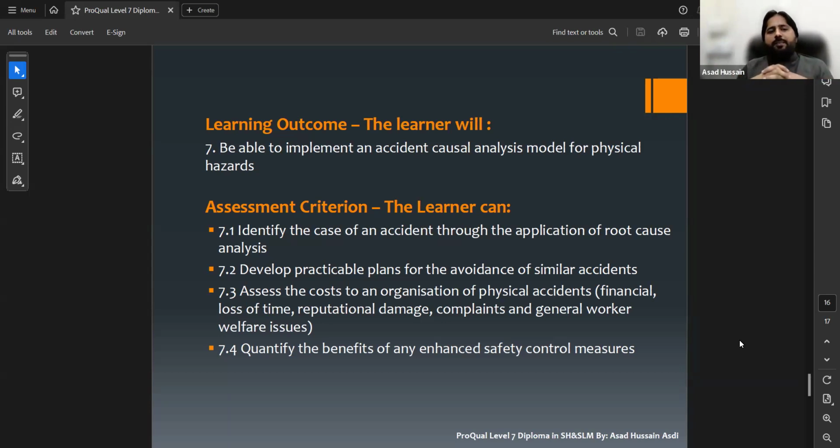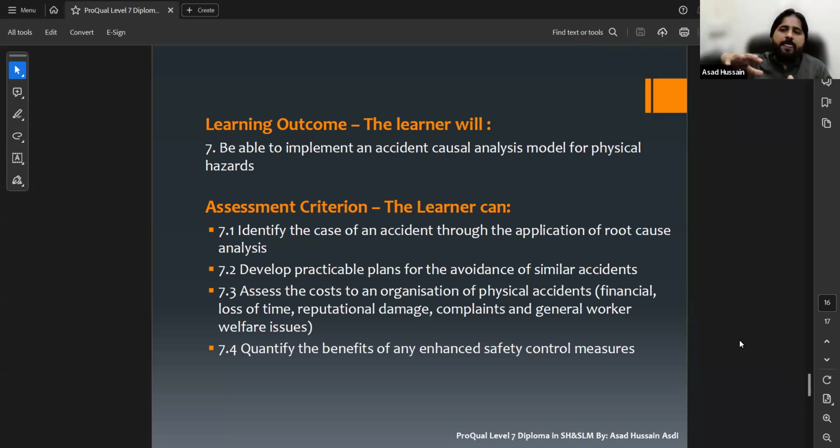So in 7.2, develop practicable plan for the avoidance of similar accidents. Once root cause analysis is confirming the reason, then there should be a practicable plan developed for avoidance of similar accidents.